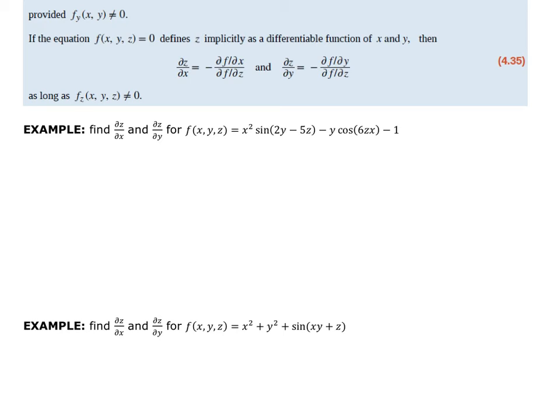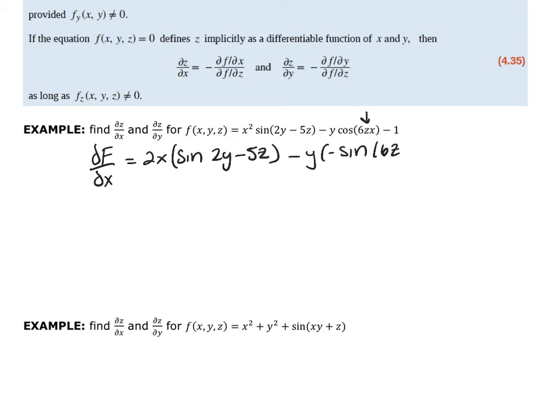So if I want to do the partial derivative of my function with respect to x, this is going to be 2x, and then the sine of 2y minus 5z, that's going to be considered a constant there. And then I have the x, so this is the place in which I see the x is like an angle. So it is going to be negative y, multiplied by the negative sine of 6xz, multiplied by that angle, which happens to be 6z.